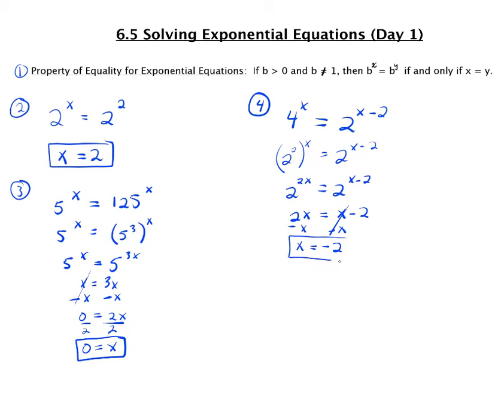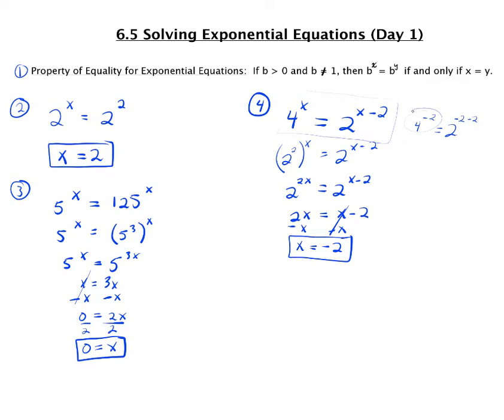-2. Remember, this is the solution that will make our original equation up here true. So if we substitute -2 in for each of these, then it would be a true statement. So 4 to the negative 2 power should equal 2 to the negative 2 minus 2.